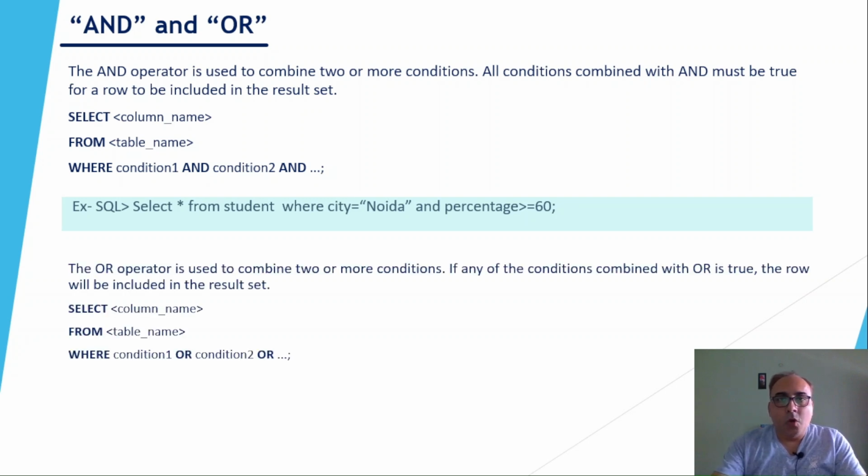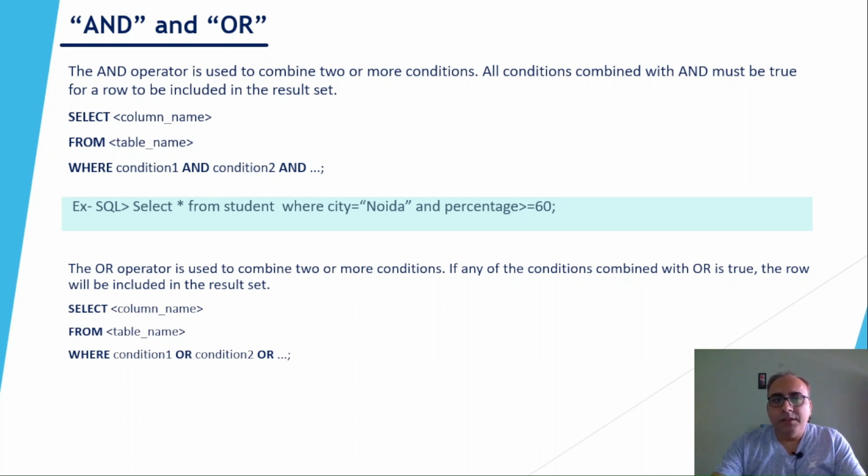Now let's talk about the OR operator. The OR operator is also used to combine two or more conditions. The difference here is that in case of OR, it's not necessarily that all the conditions we are specifying should be true. Either of them can be true and the result will come out.